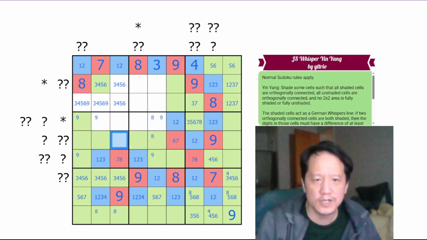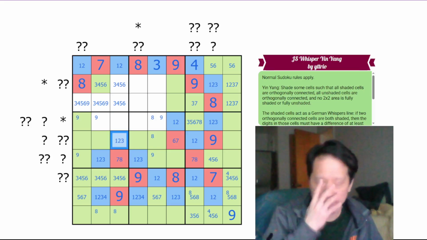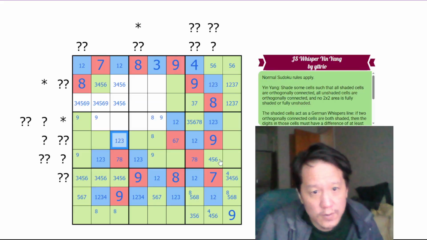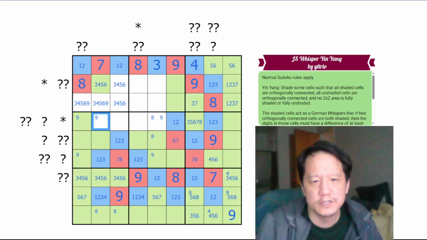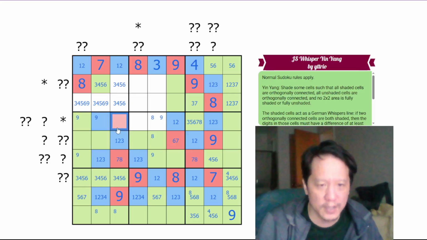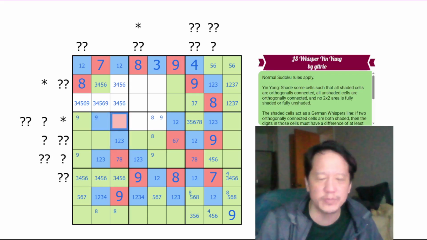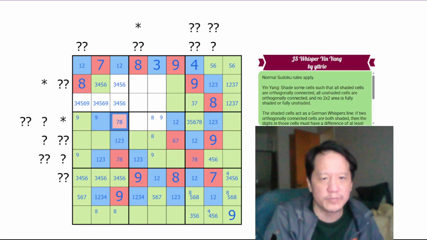Therefore, this is shaded. That's again 1, 2, or 3. You have a 2 by 2 area that is unshaded. That is 3 unshaded, so this must be shaded. Therefore, this is a 2-digit number at least, so that's 2-digit there. It cannot be next to 1, 2. It's next to 2 unique digits, so it cannot be 9. So this is 7 or 8 as a pair. Therefore, this can't be 3.